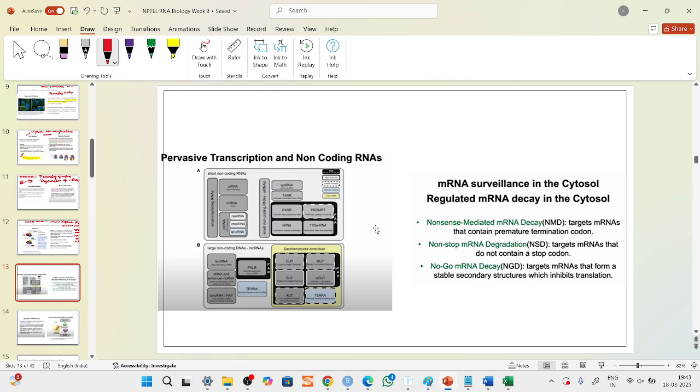Now we'll see how mRNA decay can happen in the cytosol. Again, an important point: mRNA decay can happen in the nucleus and can happen in the cytosol. Interesting, let us try to find out.